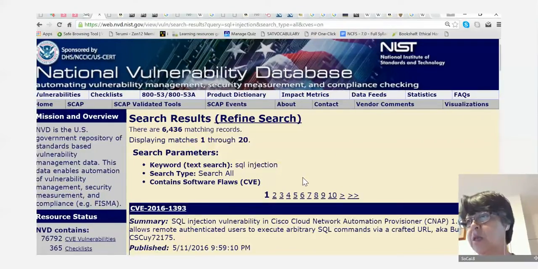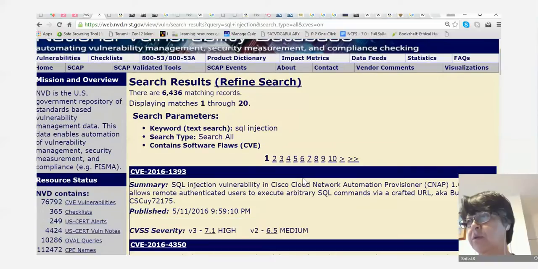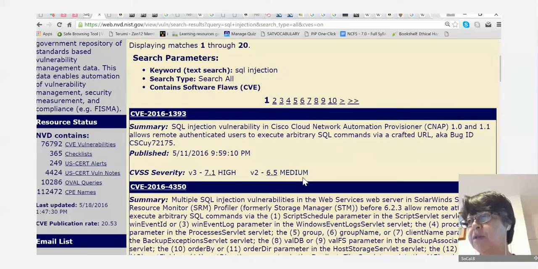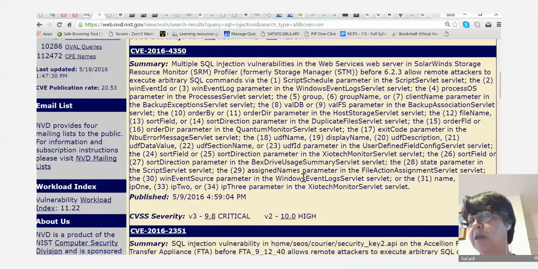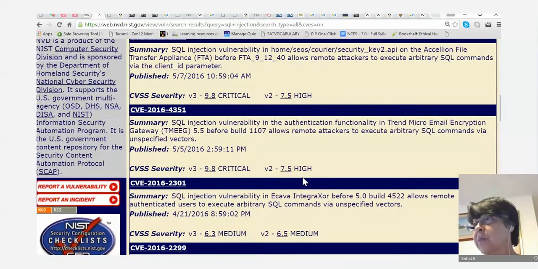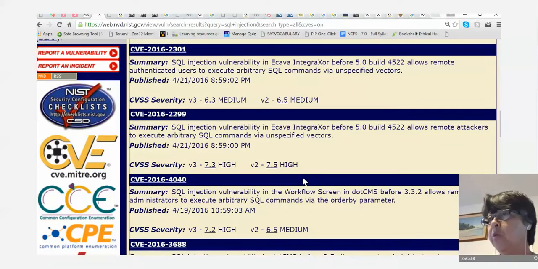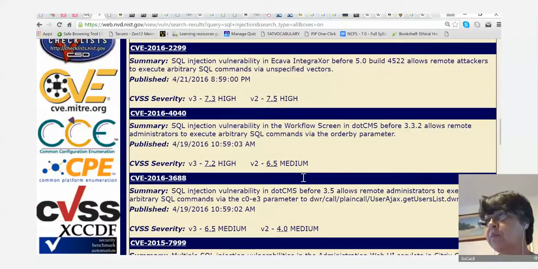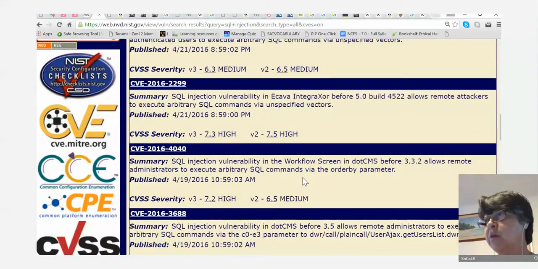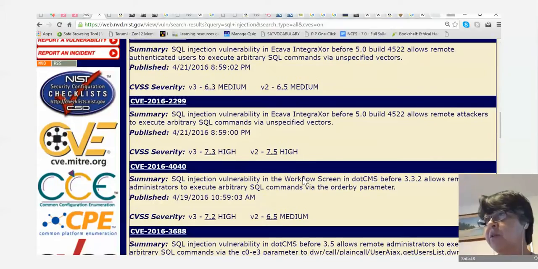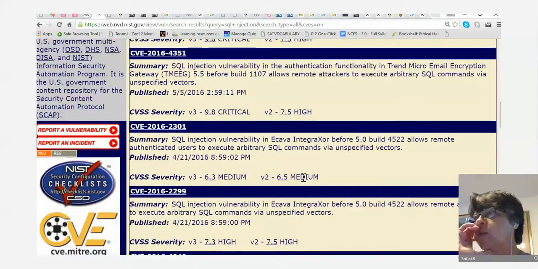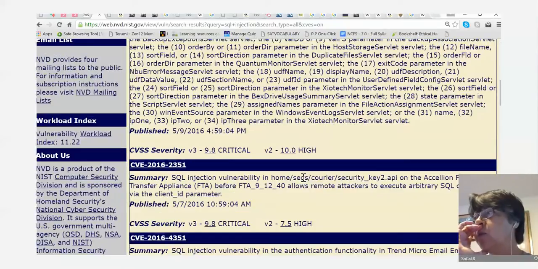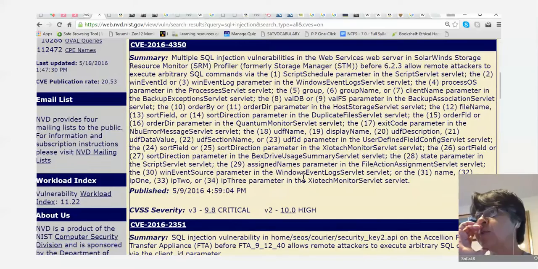2016, 1, 2, 3, 4, 5, 6, 7, 8, 9. Okay, so those are at least the well-known ones, and this one: multiple SQL injection vulnerabilities in the web server in SolarWinds Storage Resource Monitor.